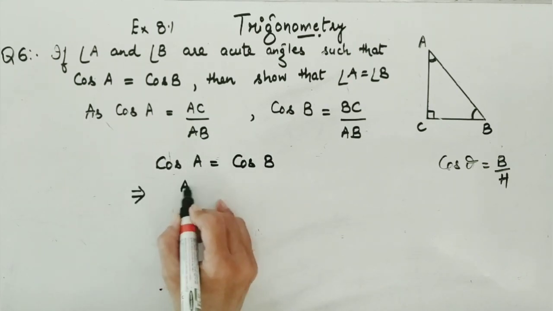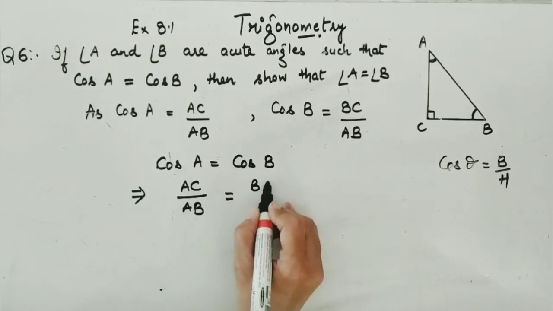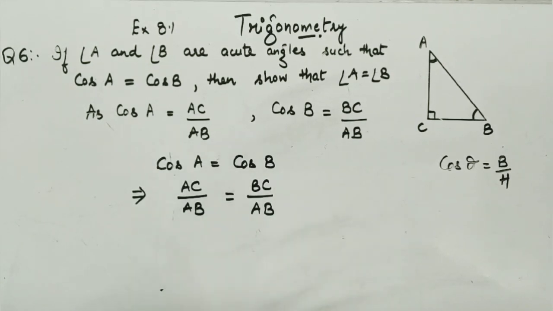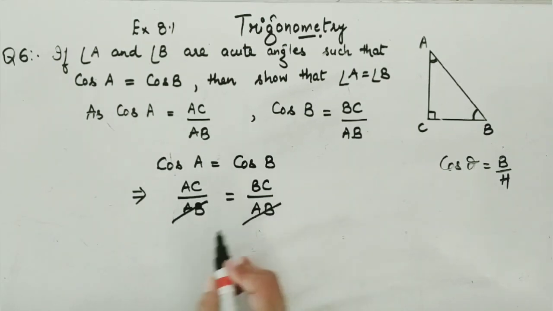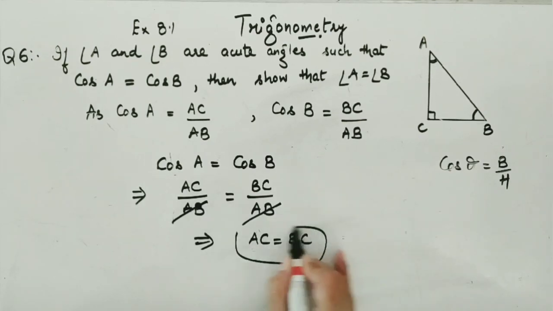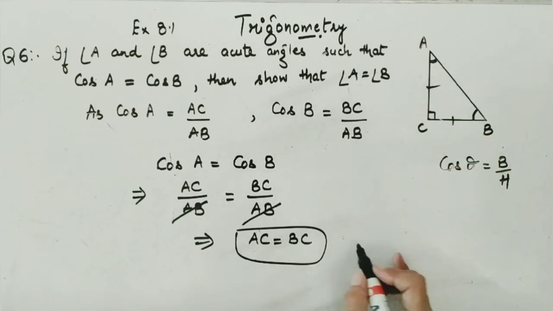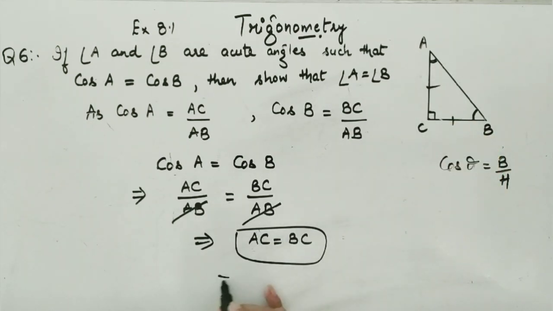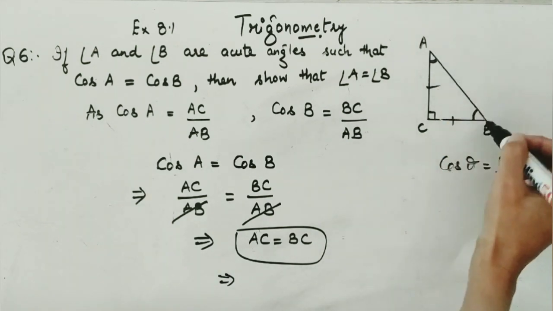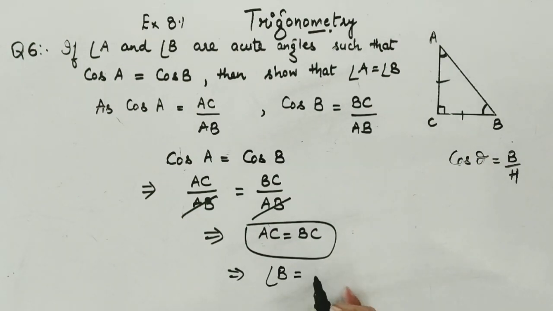That implies AC by AB must be equal to BC by AB. Look at their denominator. It is same. That indicates AC and BC are equal. Now if these sides are equal, the angles opposite to them must be equal. Angle opposite to AC, angle B, and angle opposite to BC, angle A. So if B and A are equal, our result is proved.